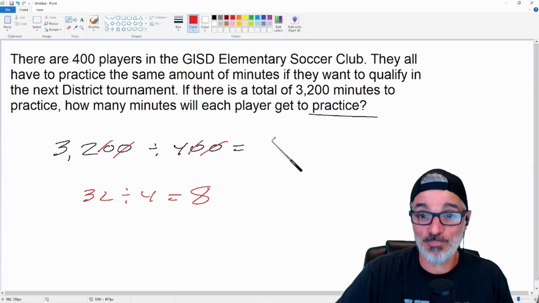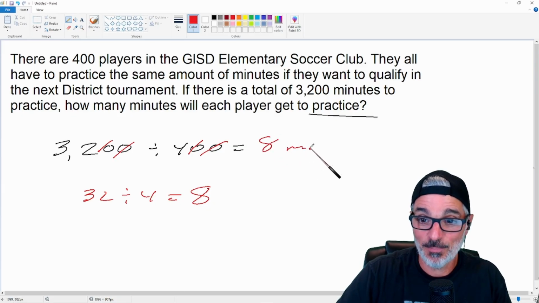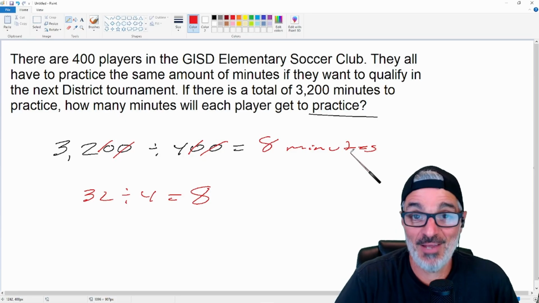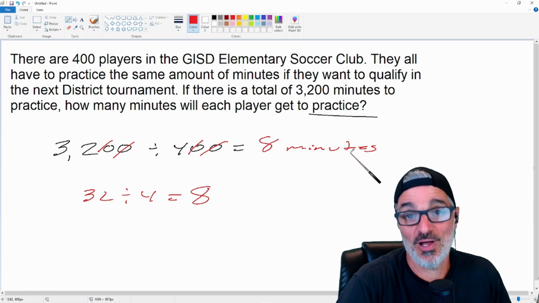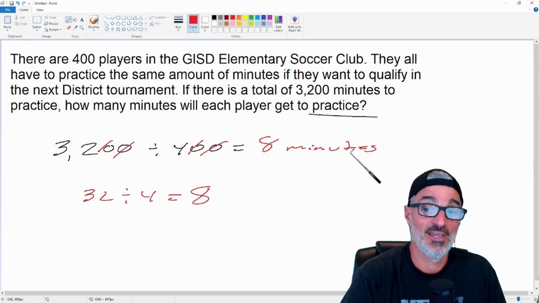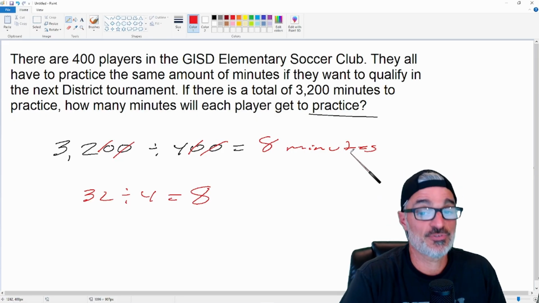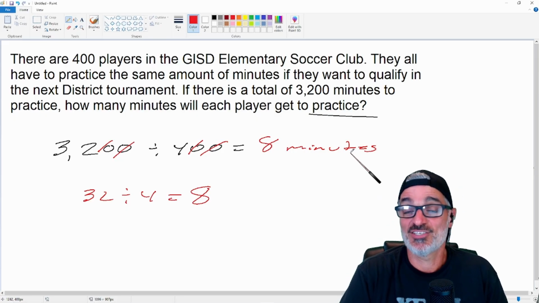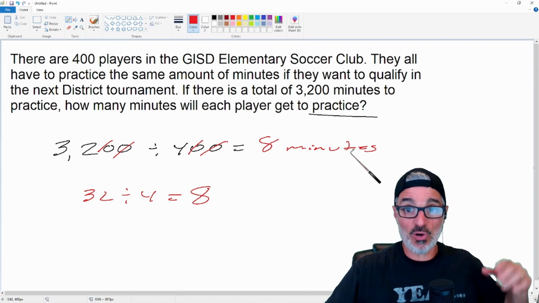So each player will get 8 minutes to practice. Only 8 minutes to practice to be able to qualify for the tournament because there are 400 players to split the 3,200 minutes.